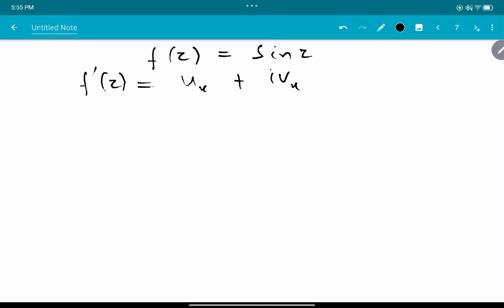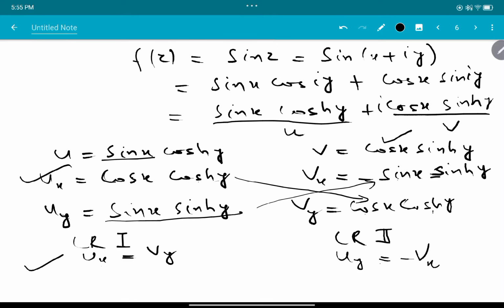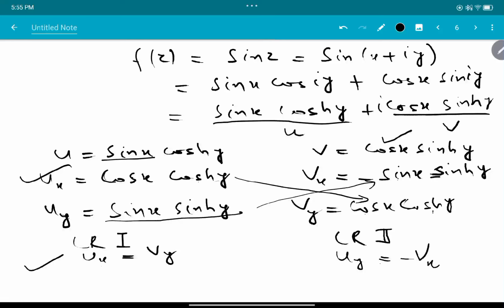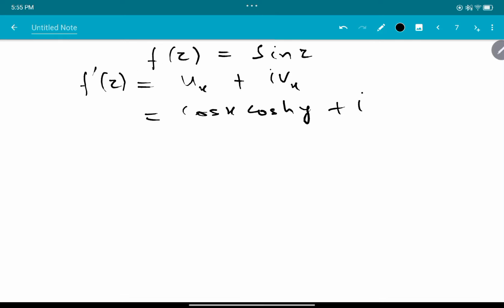Since we have already found ux is equal to cos x cosh y, plus i times vx. Vx, what we found, is minus sin x sinh y.